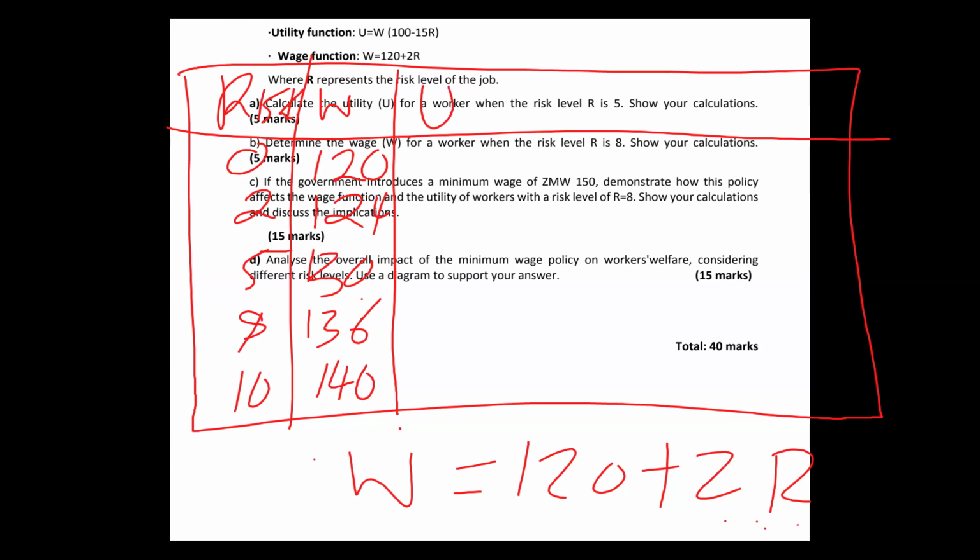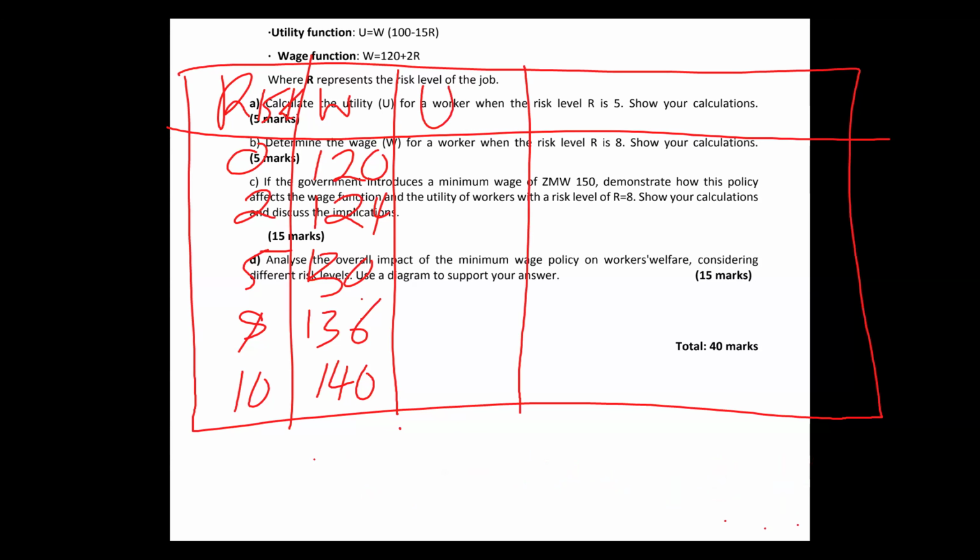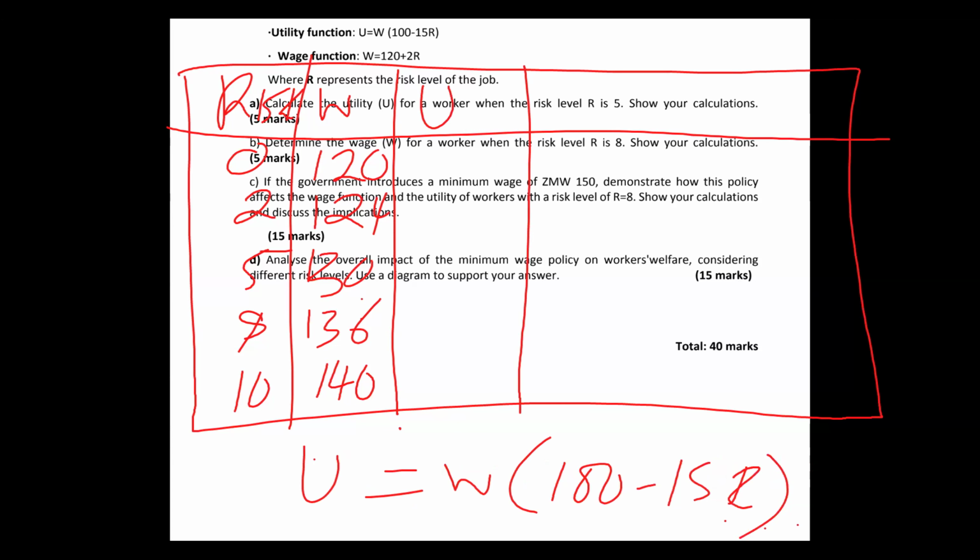What happens to the utility when you substitute these at these levels of risk? You use this utility function. The utility function is wage times 100 minus 15R. This is our utility function.